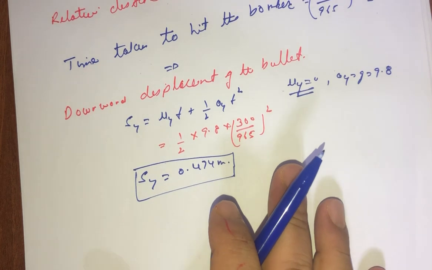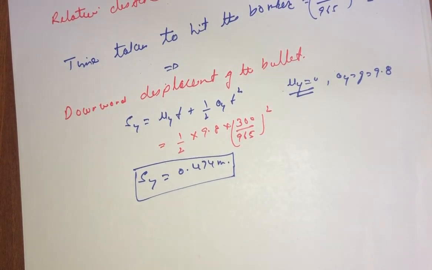So we have found the first part. Now we find out the angle at which it is going to hit.